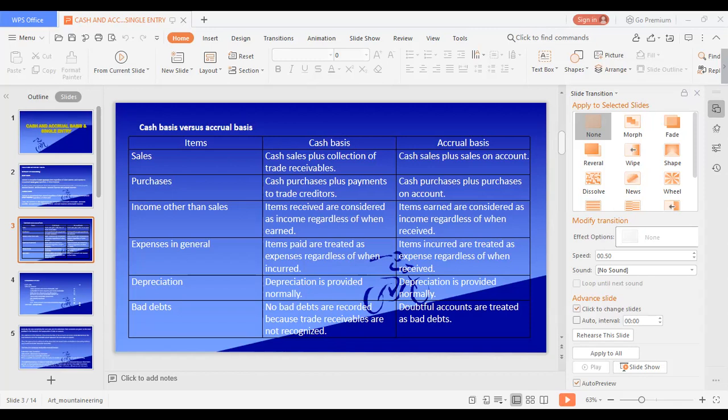So you get retained earnings of 1.7 million. 1.7 million add back 600,000 dividends declared, we get the total of 2.3 million and then deduct 900,000. The difference is retained earnings at the beginning of the period.